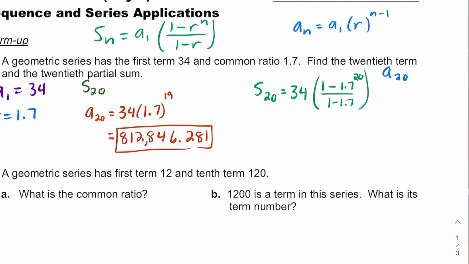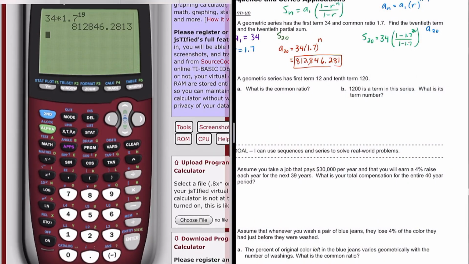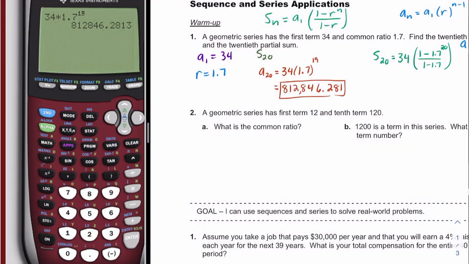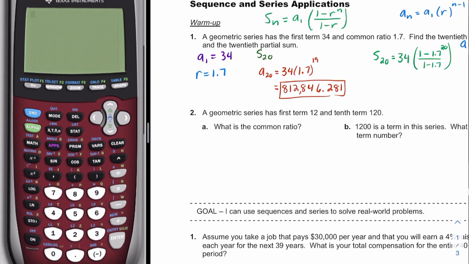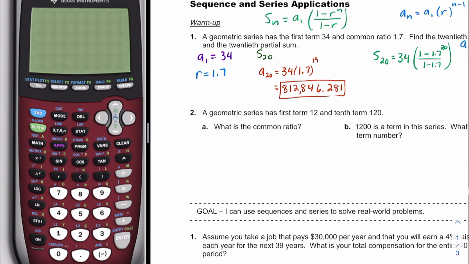So then now, for this, when you go to your calculator, you just want to be careful. It's easy to miss a parentheses. I'll show you how I write it all in one line. You can also split it up if you don't feel comfortable with that. The big thing is parentheses. So it's 34 times. Now I'm going to put my numerator in parentheses. 1 minus 1.7 raised to the 20th power. And then come out of that, close your parentheses.